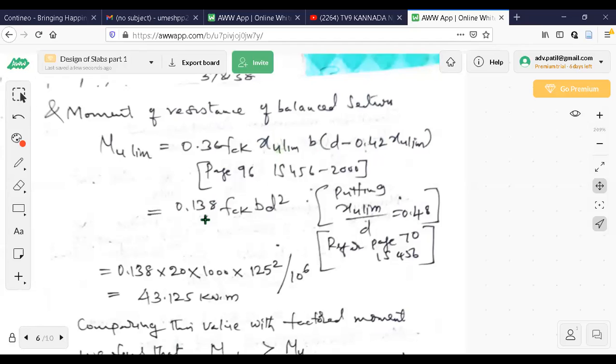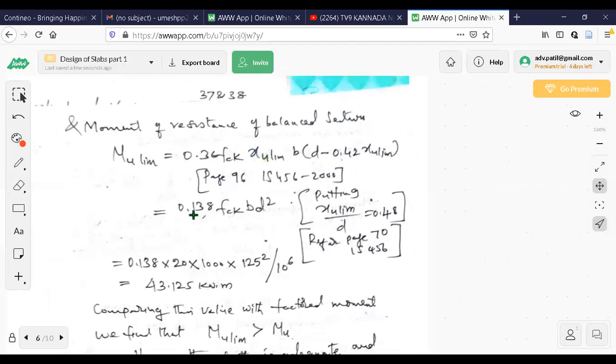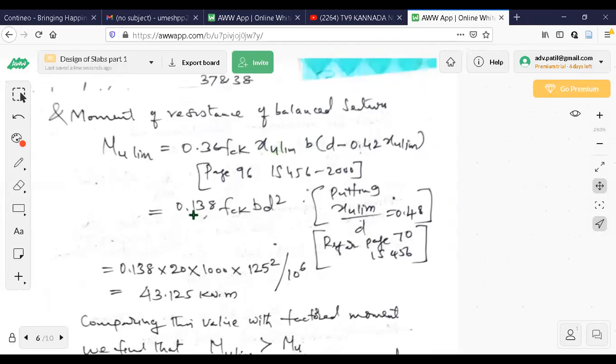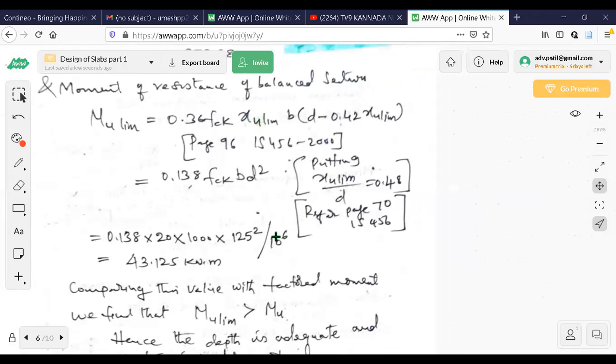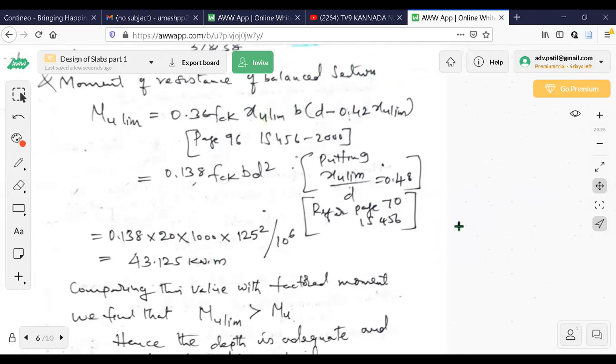You have to be careful about this. For example, if Fe500 is there, this value is 0.133. Just check that one. That is why you should not go wrong with wrong substitution of constants. Constants depend on grade of steel and concrete. So here 0.138 and all is done.